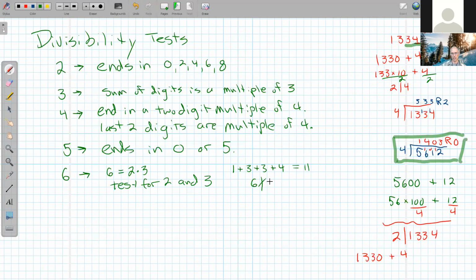6 does not divide 1,334. So if we use that straight bar with a slash through it, that means not divisible. Okay, so 6 does not divide 1,334 is what this says right here.